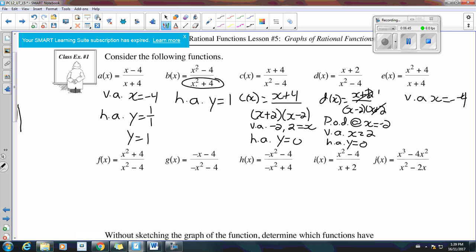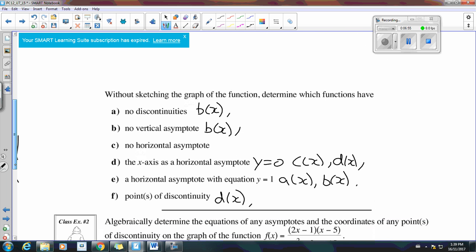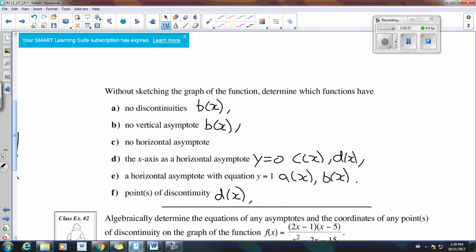So here the degree of the numerator is higher than the degree of the denominator. So in this case there is no horizontal asymptote. So we'll see where this fits in here. So it has discontinuities because of the vertical asymptote. But it has no horizontal asymptote. So we can put that in here.